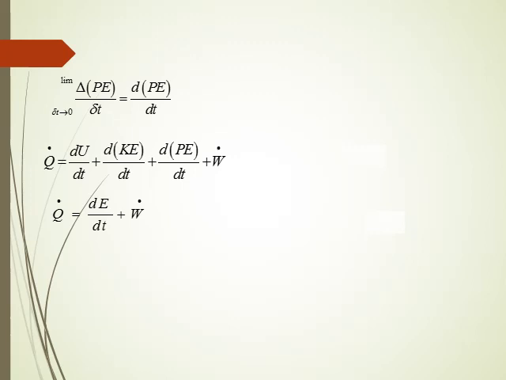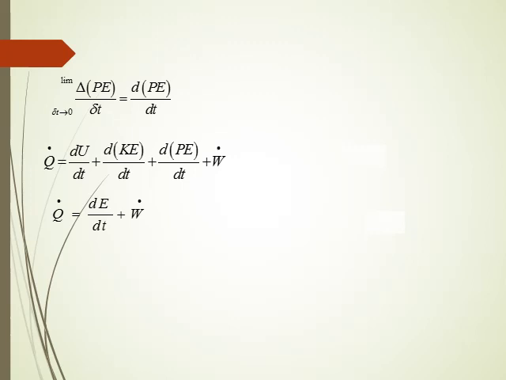So all the terms are basically expressed as rate quantities. Now if the change in kinetic energy and potential energy is neglected, then the first law equation can be written in the form expressed by the last equation.